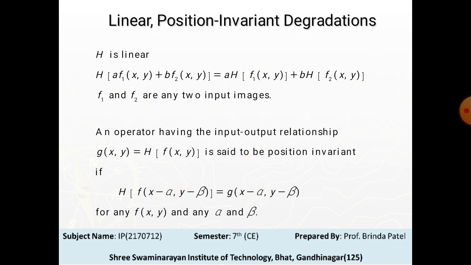An operator having the input-output relationship g of x,y equal to H of f of x,y is said to be position invariant if H of f of x minus alpha, y minus beta is equal to g of x minus alpha, y minus beta for any f of x,y and any alpha and beta.